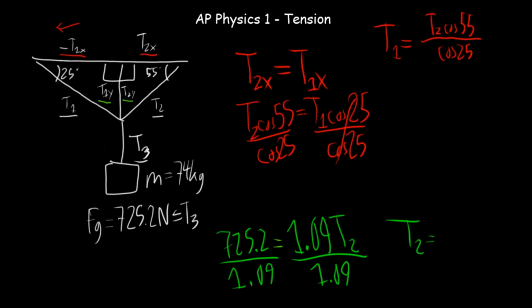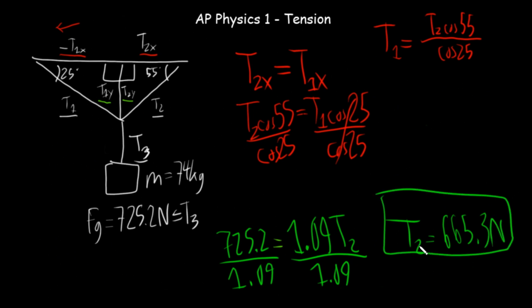You end up with 725.2 divided by 1.09, which is 665.3 Newton for your second tension. So you solve for your second tension, which now means that you can solve for your first tension, because we need T2 to solve for T1.